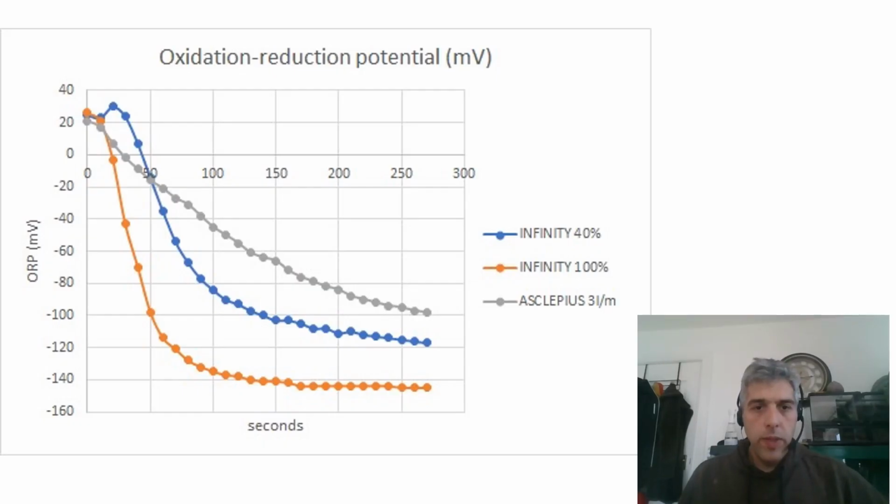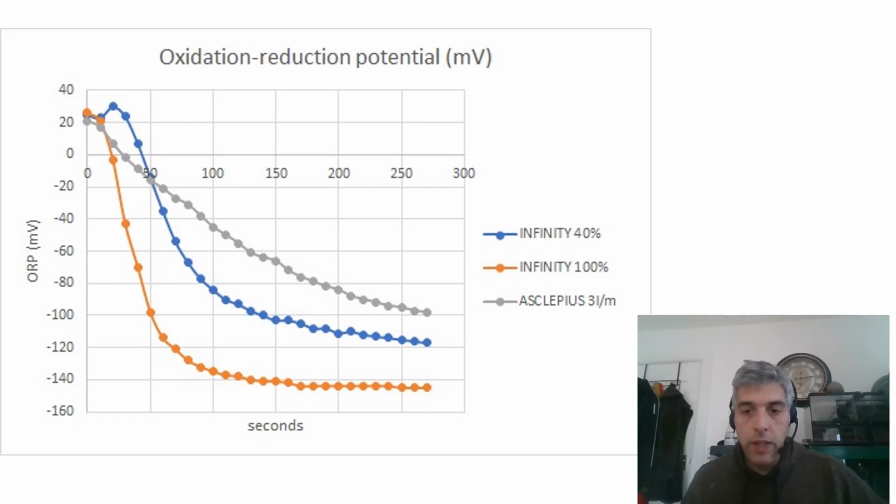Okay, so this is using an oxidation reduction potential ORP meter, bubbling through the same control water, so it will be the same 0 TDS, the same pH, whatever it is, and it's going to be bubbled through using two different machines. One is the Osmio Infinity, so that's the blue and the orange line, at different flow rates.